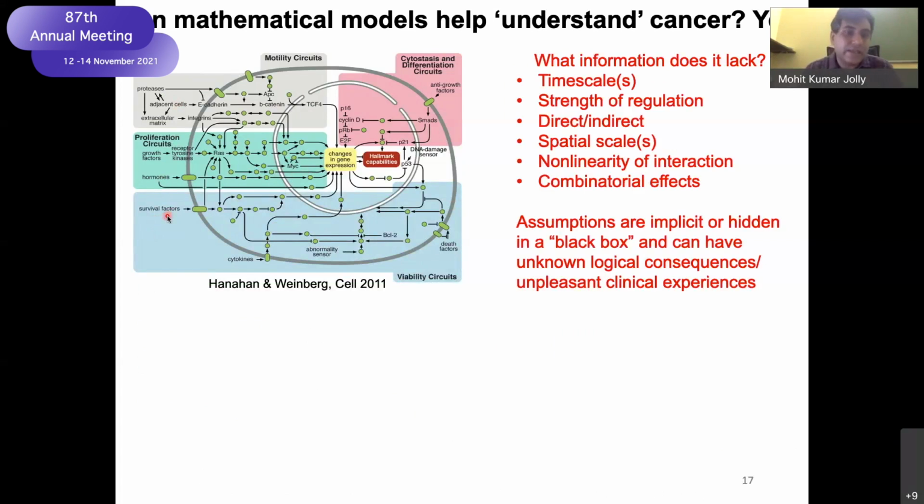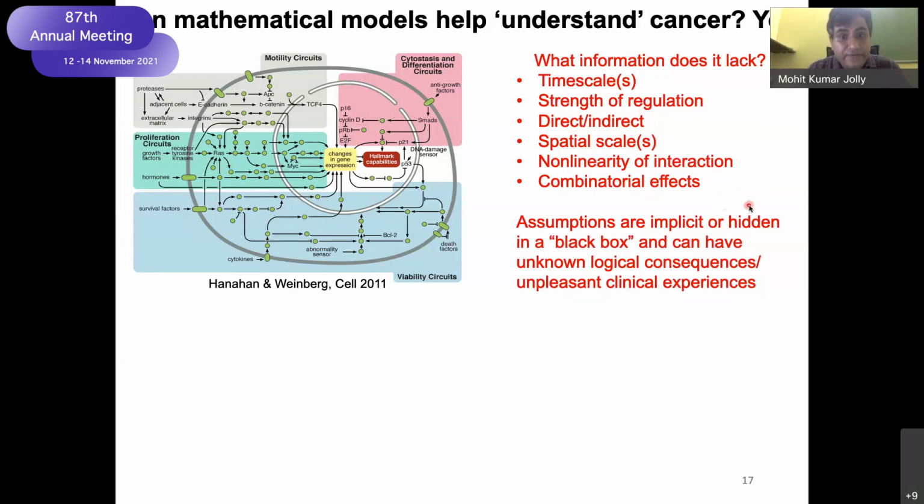But to anyone looking at this from a more quantitative perspective, this is nothing more than a cartoon, really, because there is no information about the time scale, about the length scale, about how non-linear or linear these interactions are, what are the combinatorial effects, and so on. And therefore, we need to proceed forward from just a qualitative representation to a framework which is more predictive and quantitative in nature that can eventually help make therapeutic decisions.